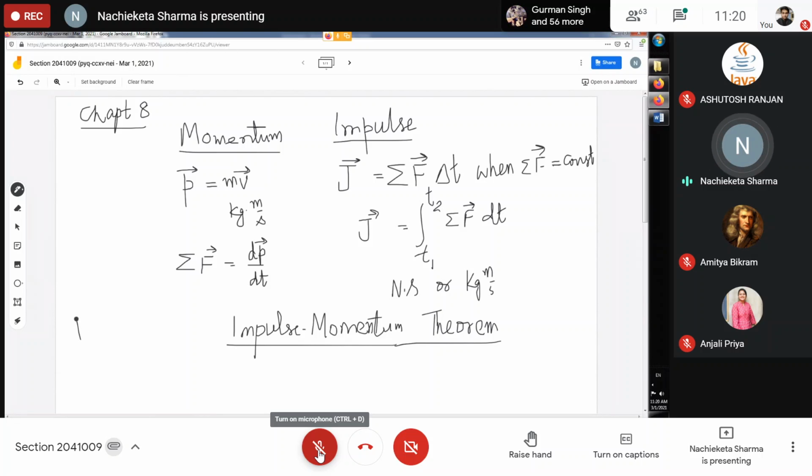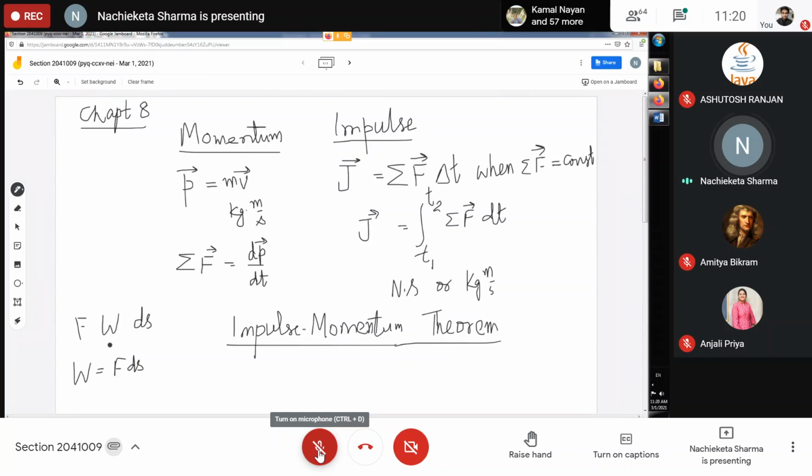When a force does W amount of work by displacing a body through a displacement ds, then the work done, whether the force is constant or variable, we can write as the integration of F ds.